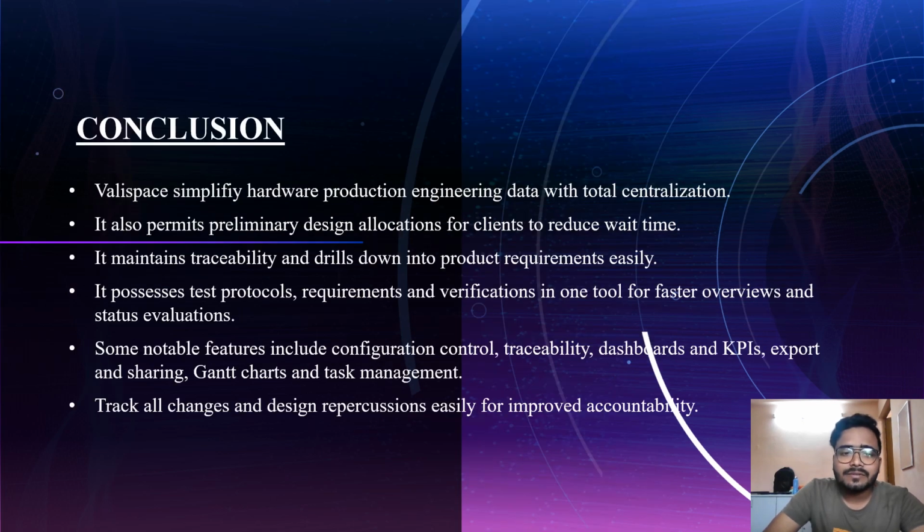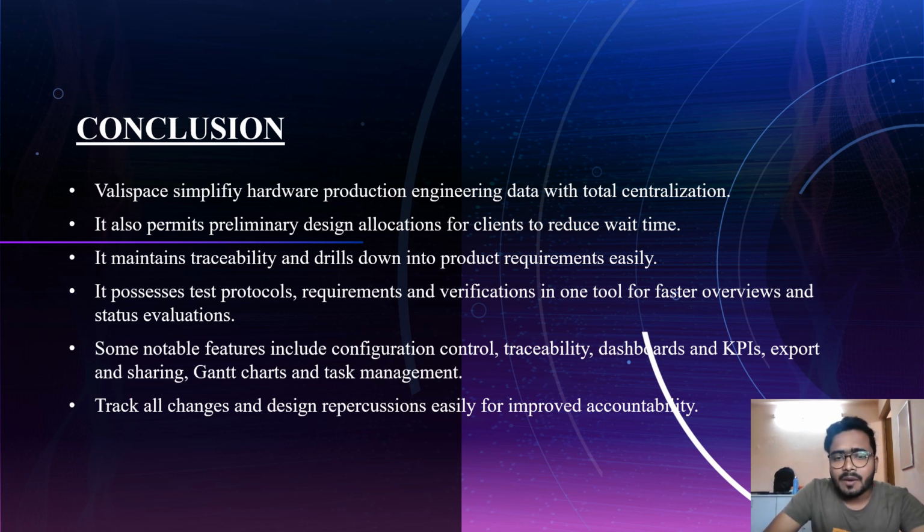Next slide is the conclusion. Valispace simplifies hardware production engineering data with total centralization. It also permits design allocation for clients to reduce wait time. It maintains traceability and drills down into product requirements easily.